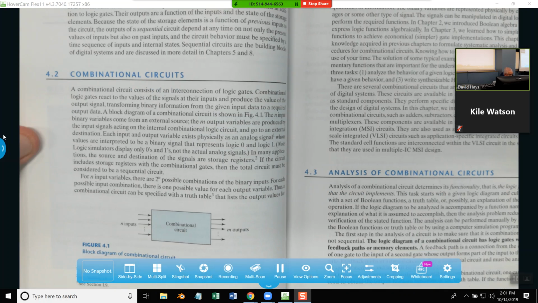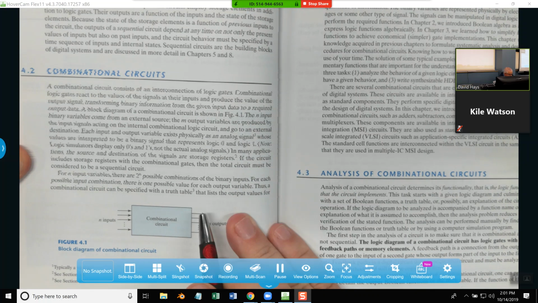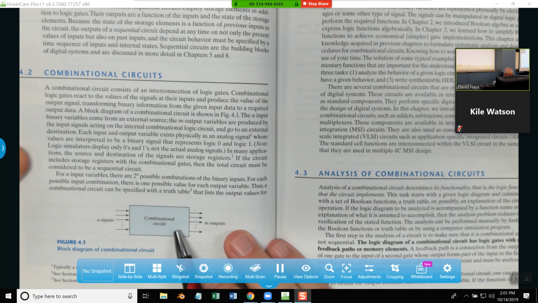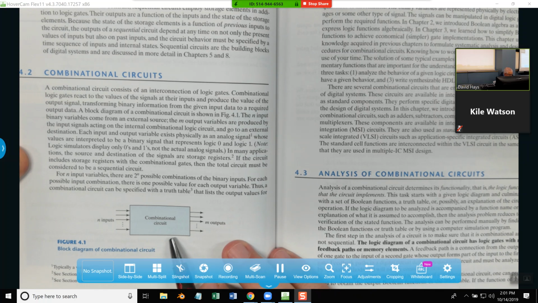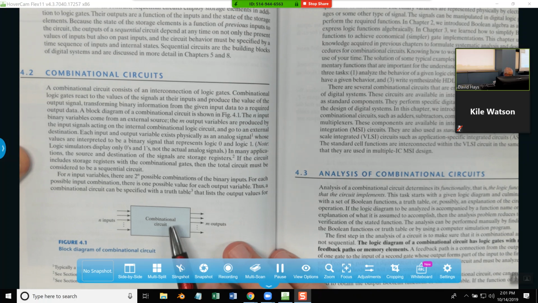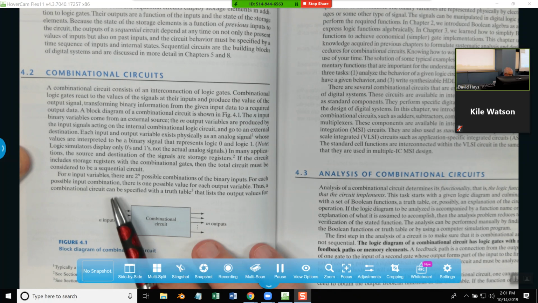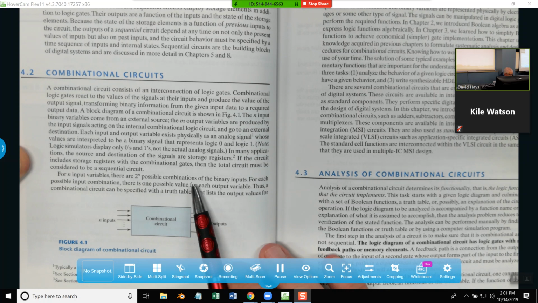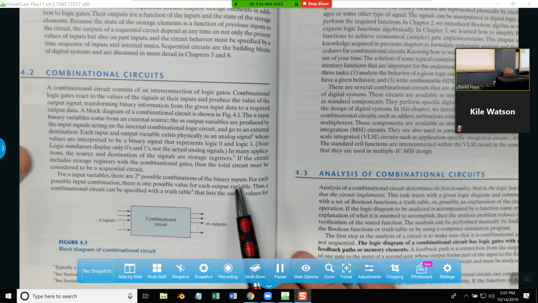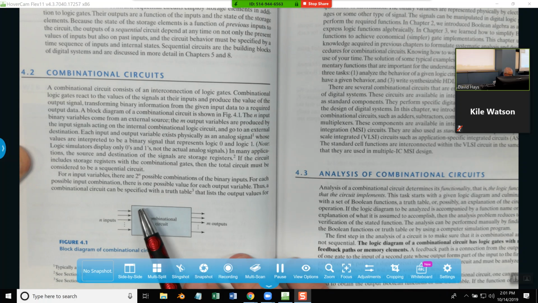And down here we have a diagram of our combinational circuit. It says for n input variables, there are 2 to the n possible combinations of the binary inputs, as each one of these comes in with 2 possibilities, 1 or 0.